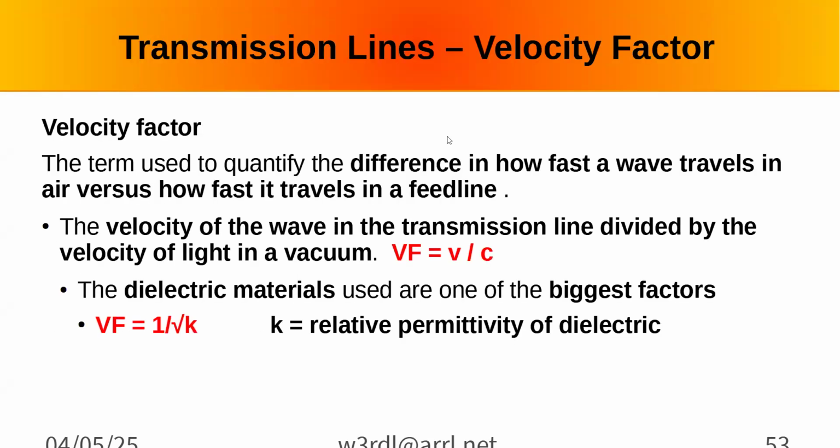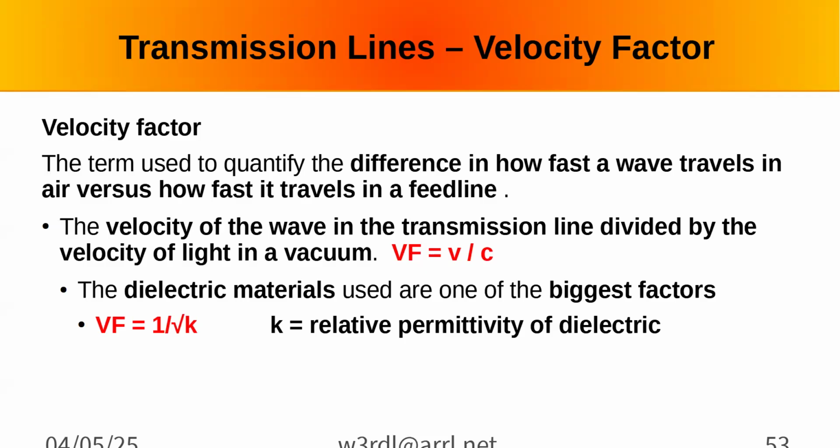Okay, velocity factor is just the ratio of the velocity of the wave in the transmission line divided by the velocity in free space, or the speed of light. It's a function of the permittivity of the dielectric.